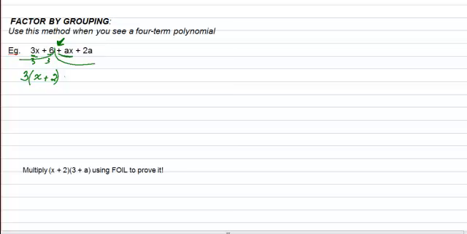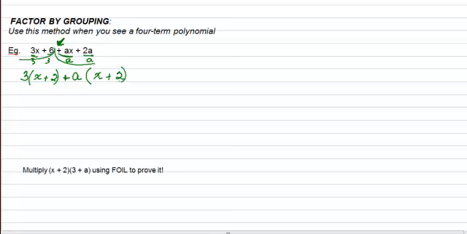So since it's a plus, we bring the plus. And now we see in these two terms, we've got a greatest common factor of a. And now we divide it out. And remember all those things that we did with GCFs, the same rules apply here. We're just doing it in the middle of sort of a bigger context. Now that we divide out the a, we're left with x plus 2.